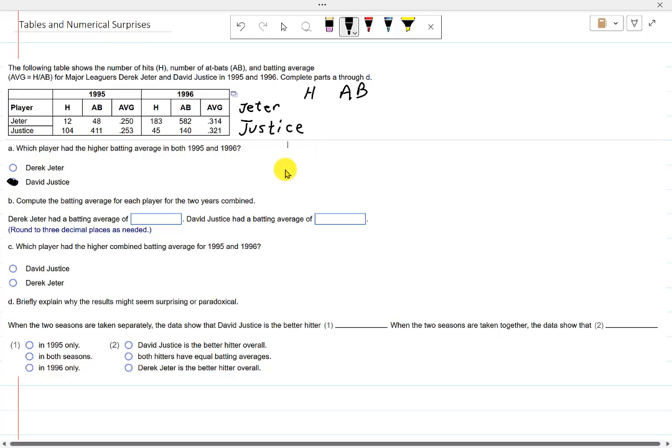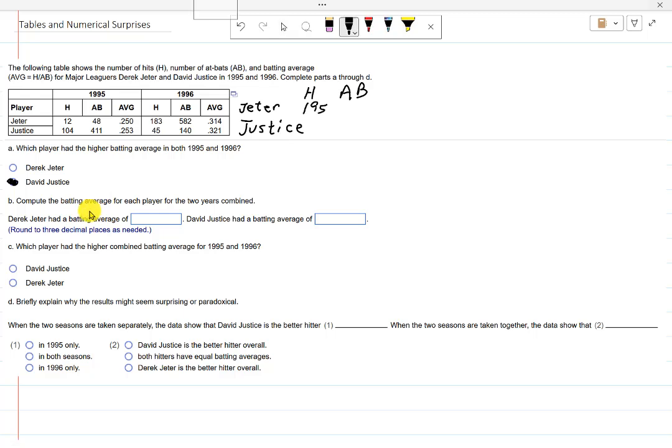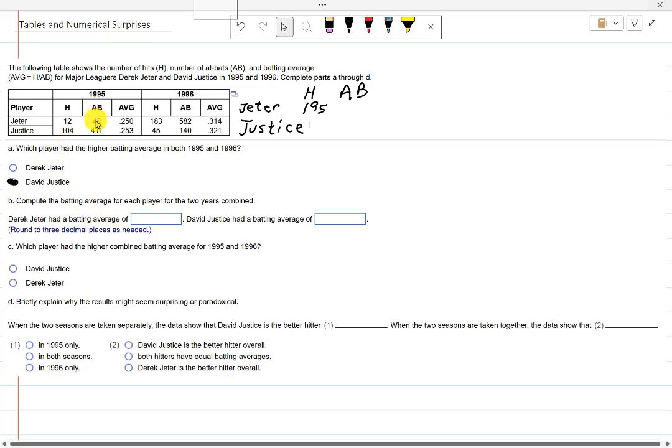Let's start with Jeter's hits. Jeter had 12 hits plus 183 hits for a total of 195 hits. His total at-bats were 48 plus 582. That is 630.